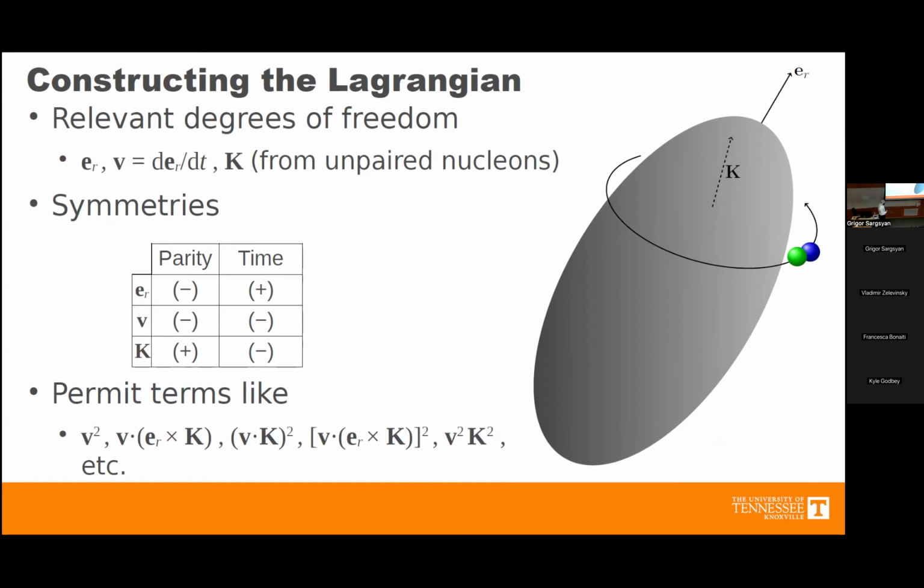With the symmetries here, and the signs associated with these transformations, we can build terms of a variety of shapes for the leading order description of the rotor itself. We see terms proportional to v squared.